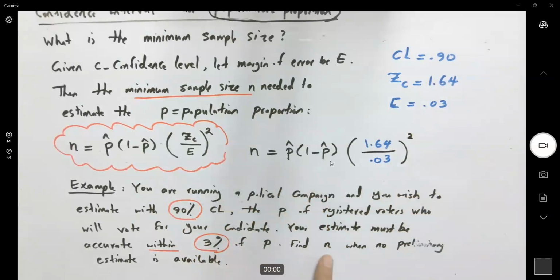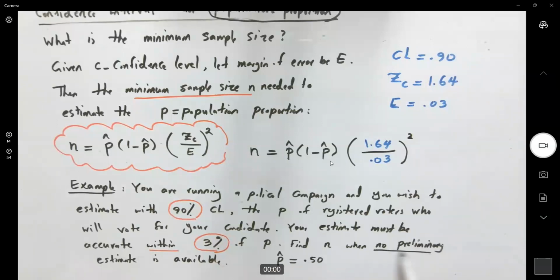It says find n when no preliminary estimate is available. So what do we do in these cases when no preliminary information is given about the sample or point estimate? In this case, you always assume that the population unbiased estimate, p hat, is 50%.